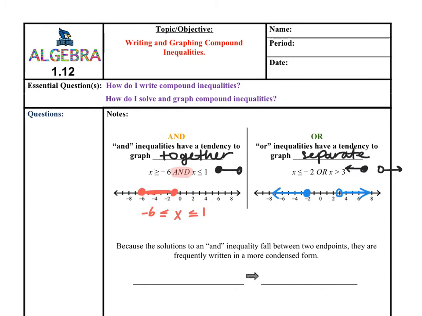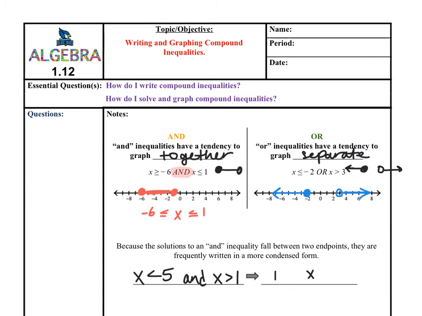So I kind of showed you this already, but when we have an "and" inequality, something like this, where x is less than 5 and x greater than 1, we write it so x is in the middle, and this is how I want to see you write it, with the smaller number on the left and the bigger number on the right.